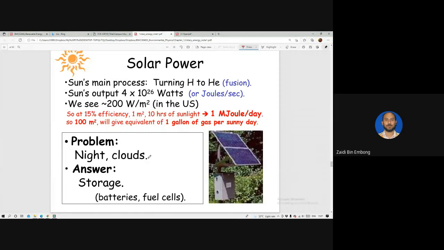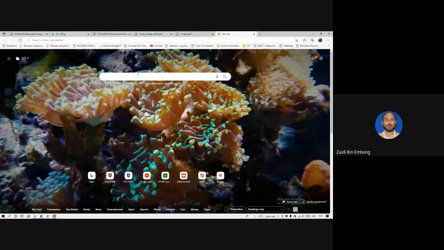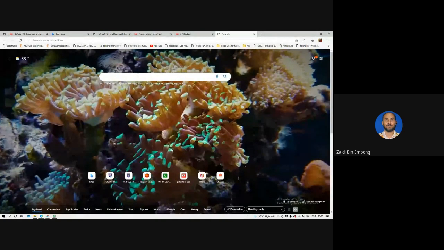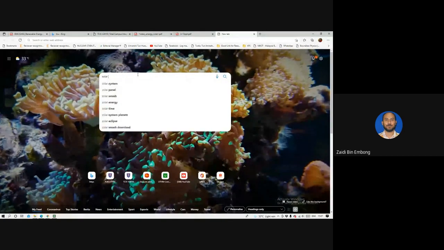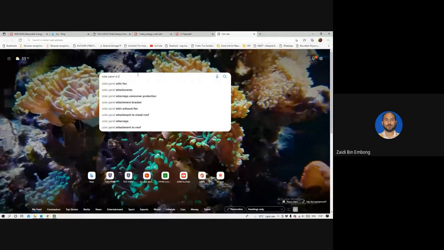So of course you need to cut down the tree. That's why in America, they put the solar panels somewhere around the desert. Why desert? Because in the desert there is no tree. For example, Mojave. Solar panels at the desert area.